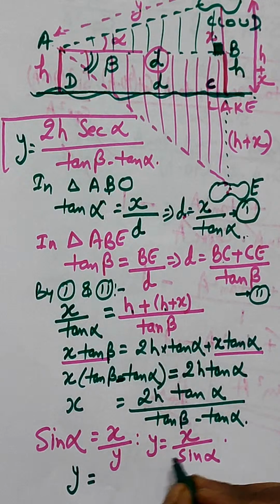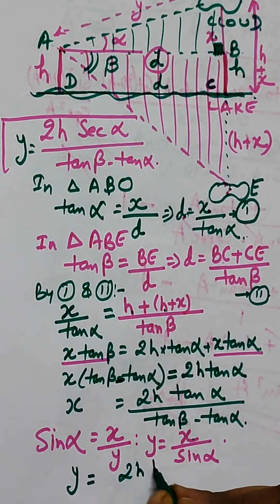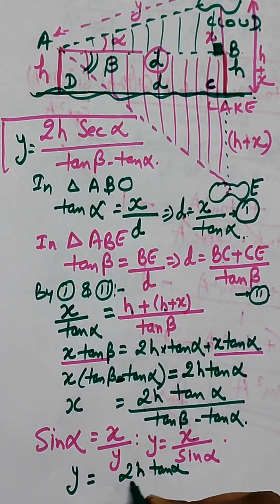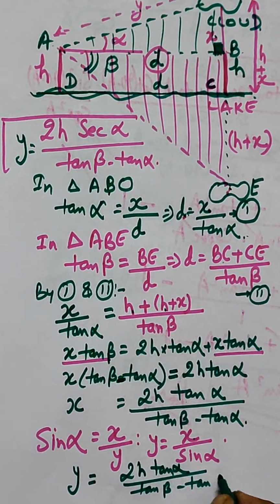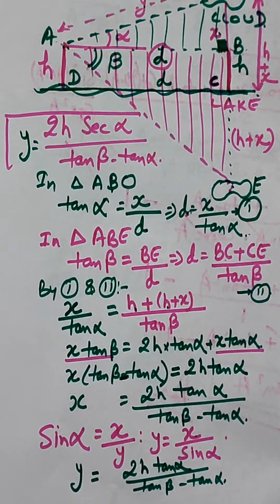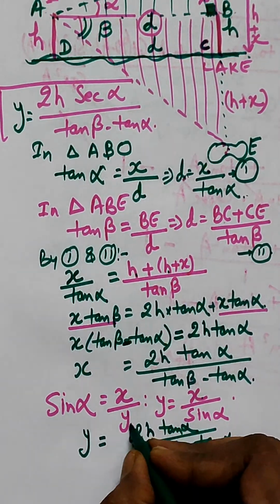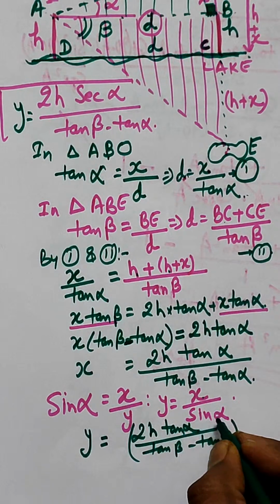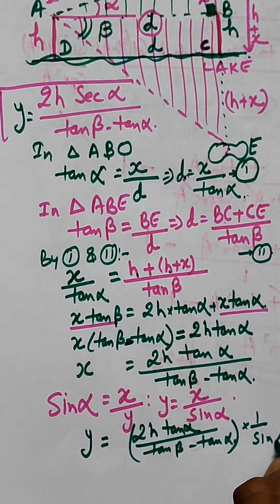What is the value of x? This is 2 times h tan alpha divided by tan beta minus tan alpha, right? That we have already derived here. And when this is divided by sine alpha, we can say 1 by sine alpha over here.